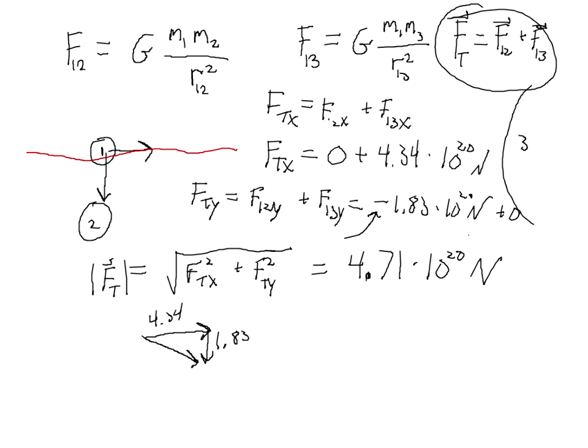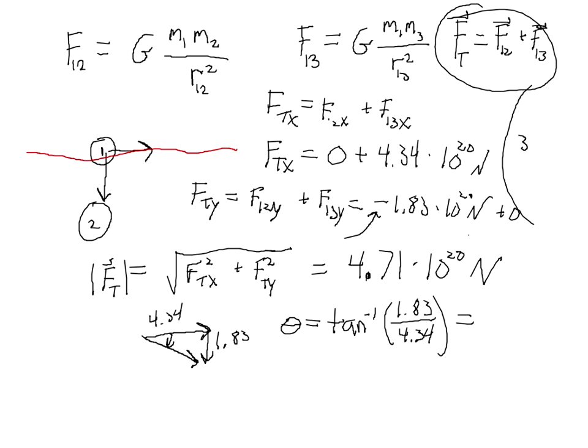If we want to find the angle, then we can use tangent. Theta is going to be equal to the inverse tangent of opposite over adjacent. Opposite, in this case, is 1.83, and adjacent is 4.34. The 10 to the 20s would cancel there, so you don't have to type them in unless you just want to.